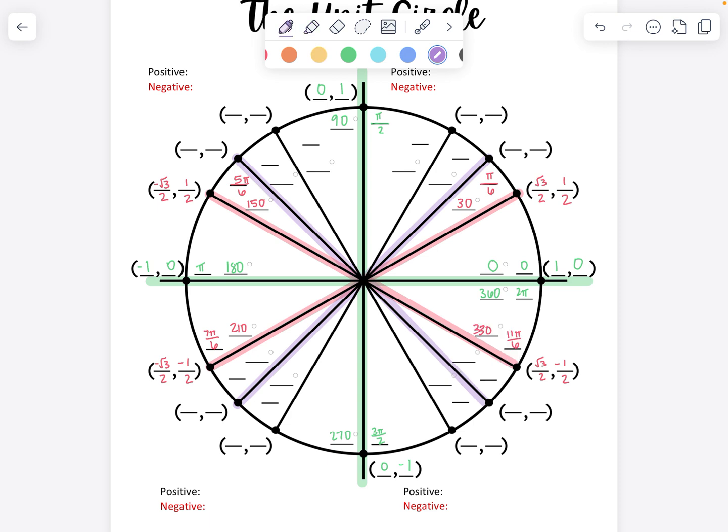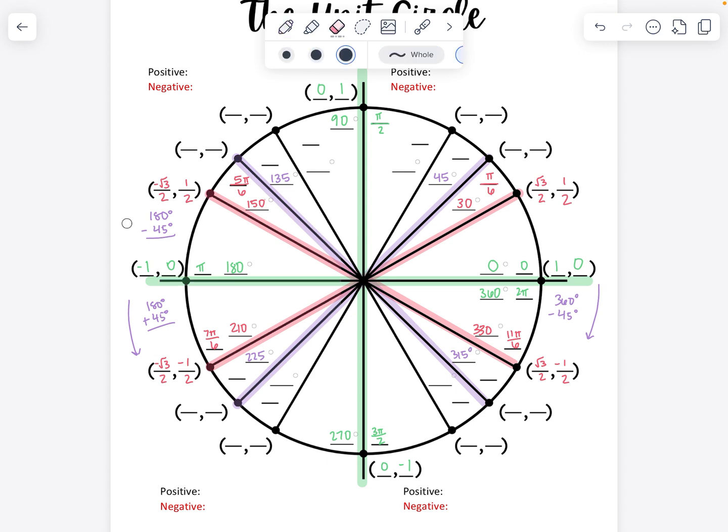So I know here it's just 45 degrees, but to get up to quadrant 2, I'm going to do 180 degrees minus 45 degrees, which gets me to 135 degrees. To get down here to quadrant 3, I do 180 degrees plus 45 degrees, which is going to get me to 225 degrees. And to get to quadrant 4, remember we relate it to the x-axis, so I'm going to use that 360 degrees and subtract 45 degrees. So that gets me to 315 degrees.